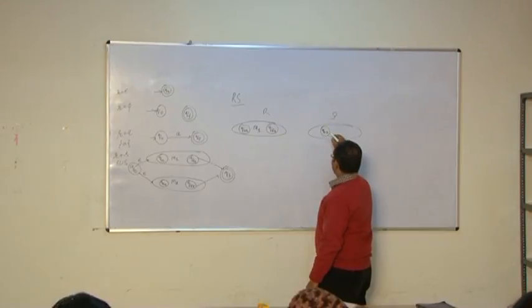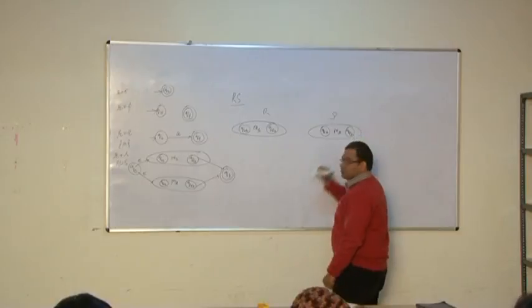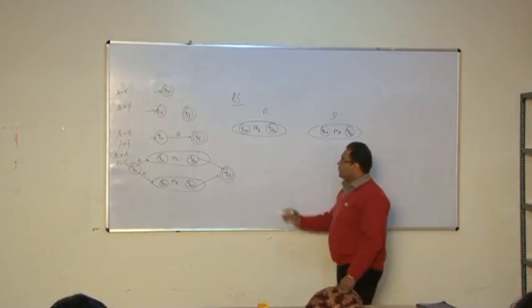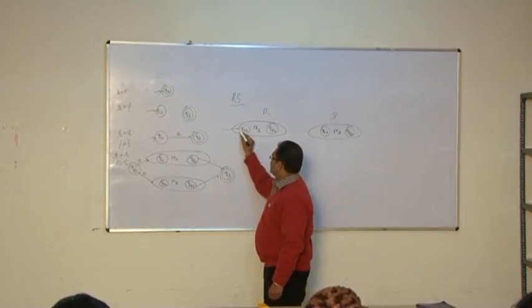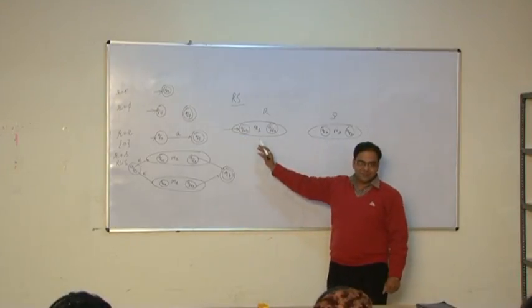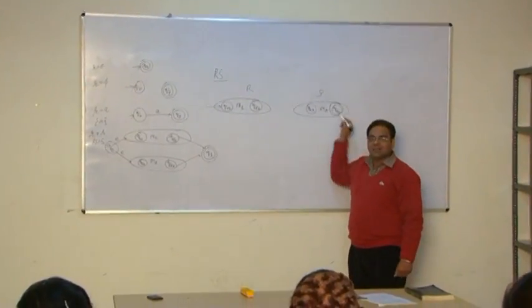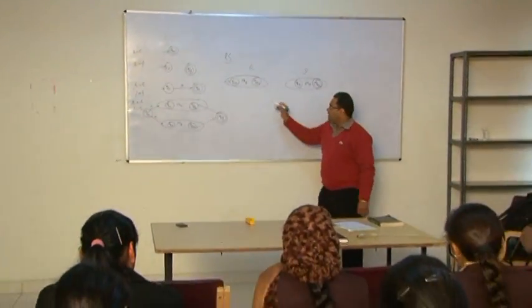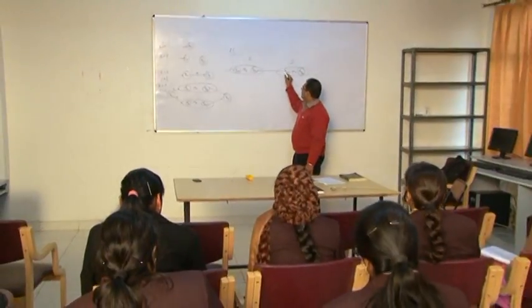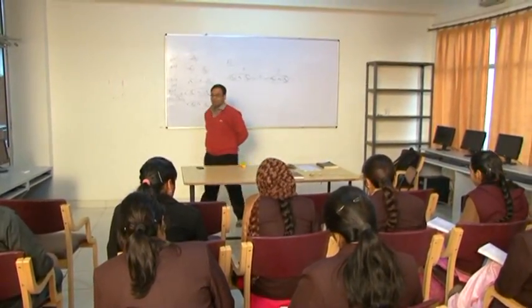Here Q02, M2, and QF2. Right? So now this becomes the initial state of the whole RS, and this becomes the final state of the whole RS, right? And from here to here, we will take an epsilon move.